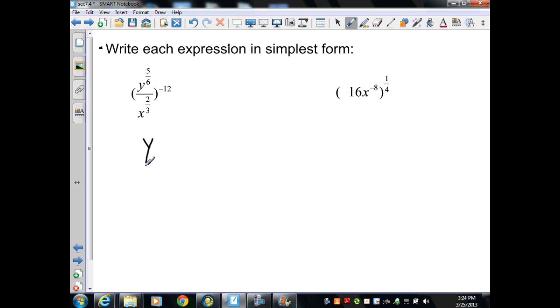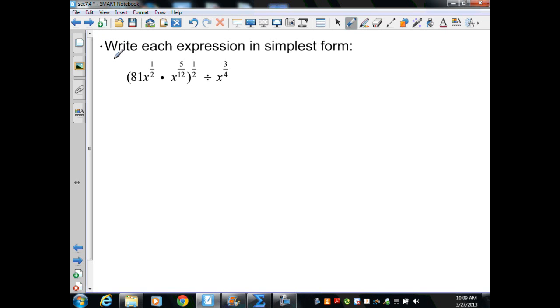Therefore, y, 5/6 times a negative 12 is going to give me a negative 10 over x, 2/3 times a negative 12 will give me a negative 8. Since these have negative exponents, I need to take their base and move them to the numerator and denominator. That gives me x to the 8th over y to the 10th.